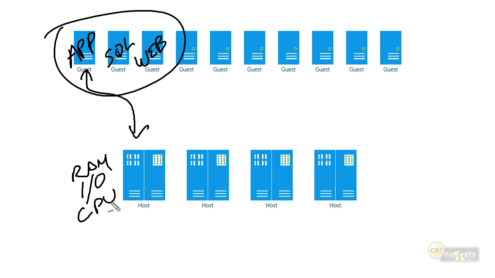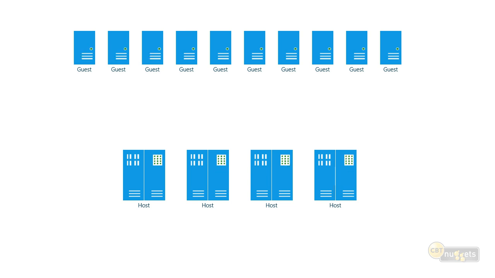Now, by defining that capability, System Center VMM knows which hosts are capable of running that VM and which ones aren't. So as you need to rebalance and dynamically move your workloads around, VMM already knows which hosts have the ability to run that VM and, in fact, which ones have the ability to run the entire service.